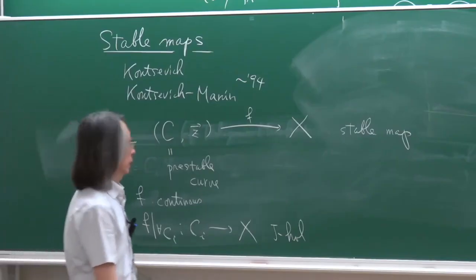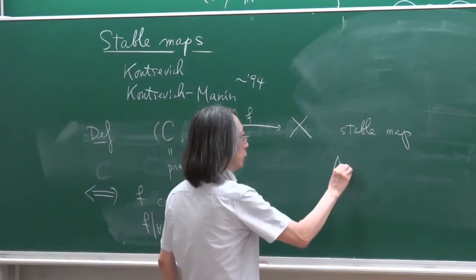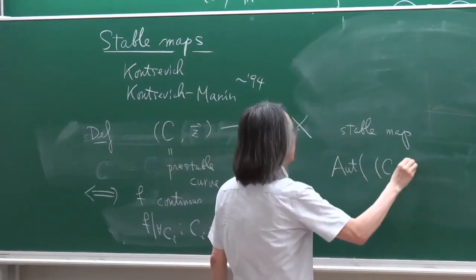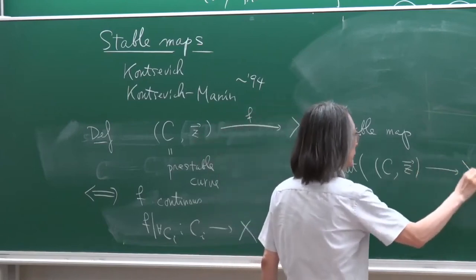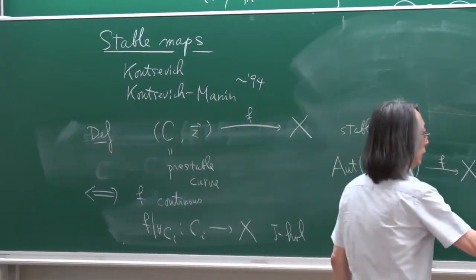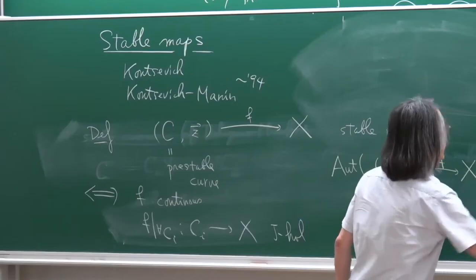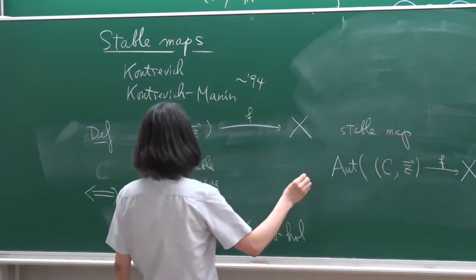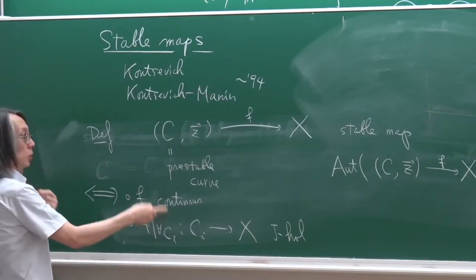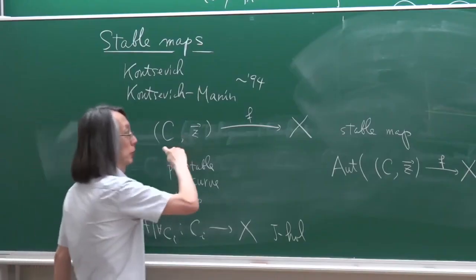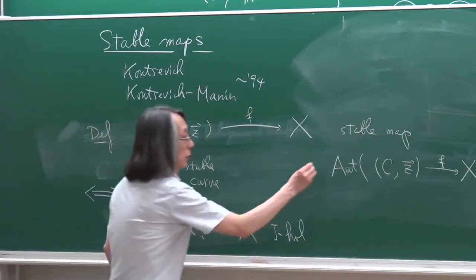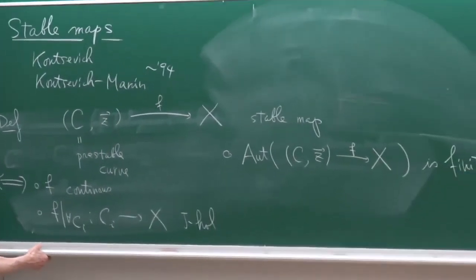And then finally consider the automorphism group of this thing, so C, Z going to X, is finite. So these two are just no condition. F is just a map from C to X, so it's just a continuous map, and on each component you have their own map.